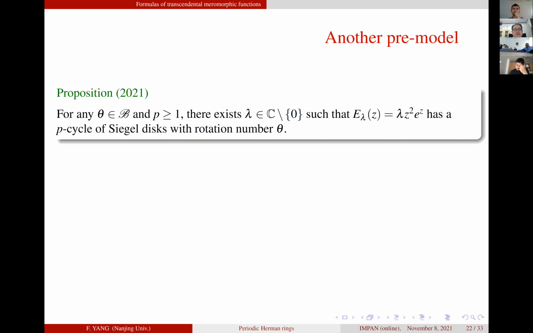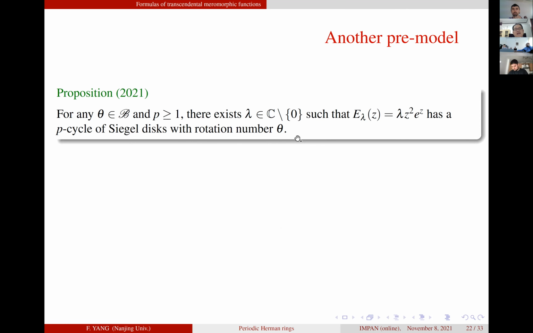Why is this different from the rational case? Because of this proposition: for any theta of Bernoulli type and p greater than or equal to 1, there exists lambda such that E_lambda equals lambda times z squared e to the z has a p-cycle of Siegel disks with rotation number theta.